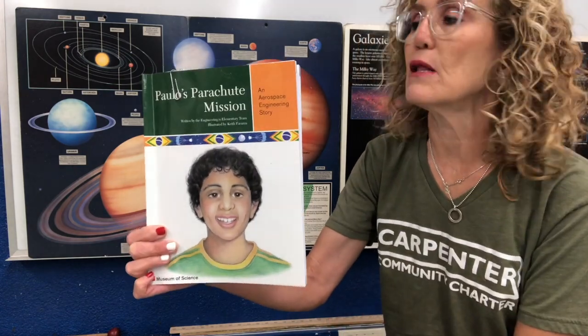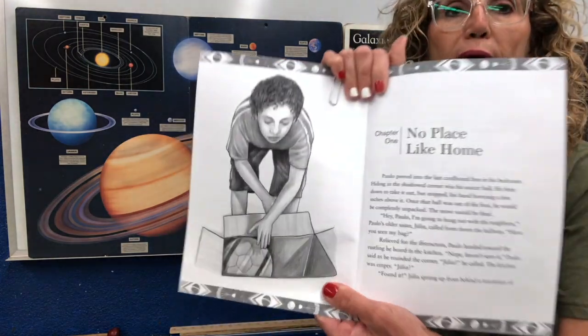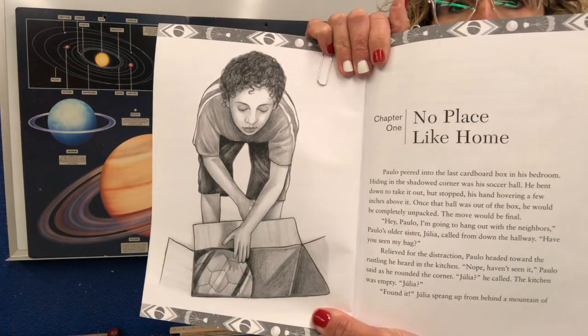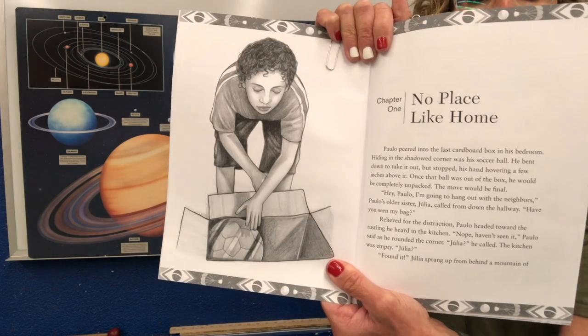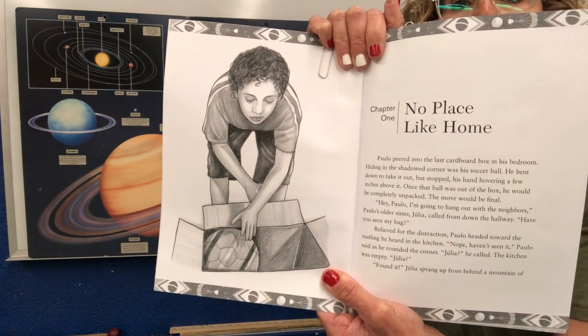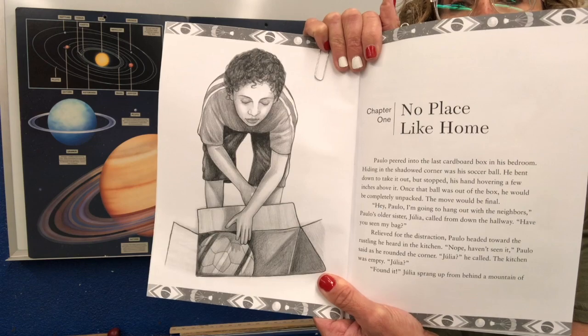Okay, so it's about a boy named Paolo, and he lives in a big city in Brazil. But he had to move to a small village. So here he is, unpacking from his move, and he moved because both of his parents are aerospace engineers.